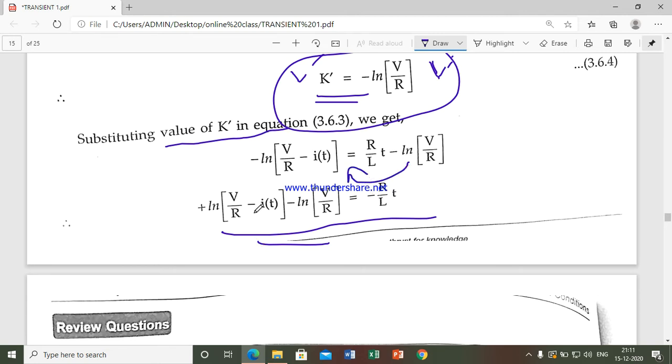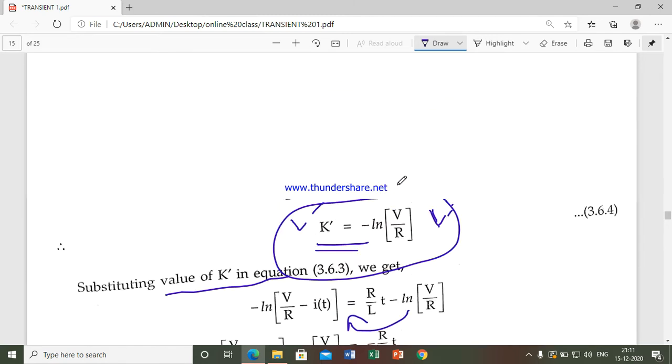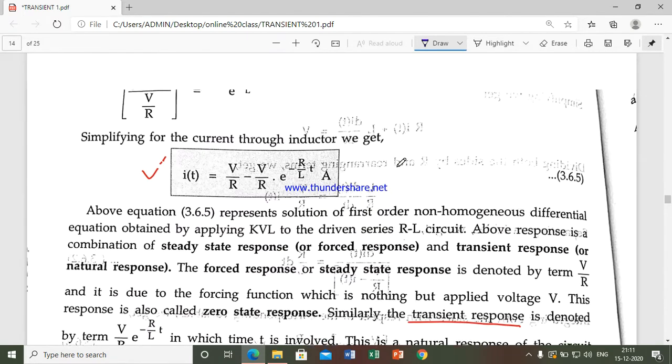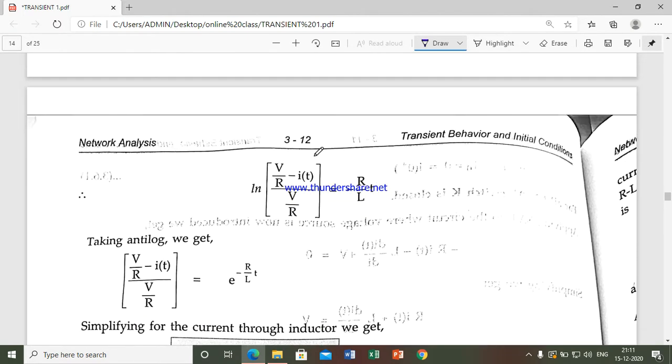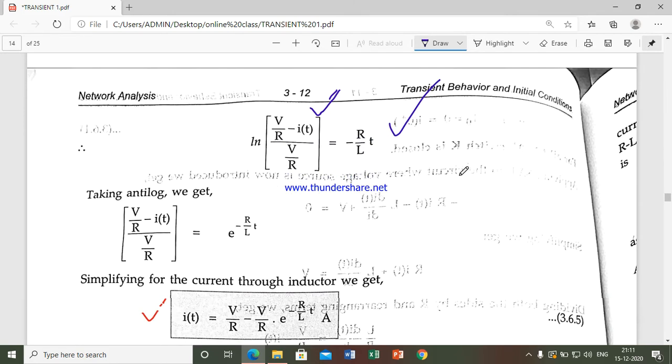You will get ln of this term minus ln of this term; log of x minus log of y means log of x by y. This is nothing but this term, equal to minus R by L into t. Next, take this logarithm term to this side. It can be represented by e raised to this term if you remove the log on this side.